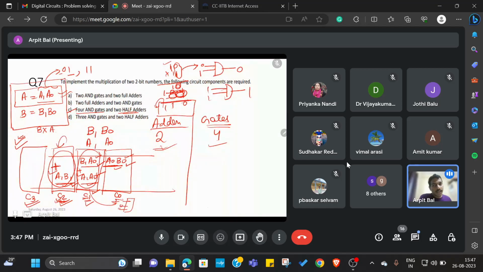Of course you can do that, but as I mentioned, you have to search for the minimal viable option that is available to you. So in this case, half adder can do the same job. So why should we go for a full adder? Does that answer your question?